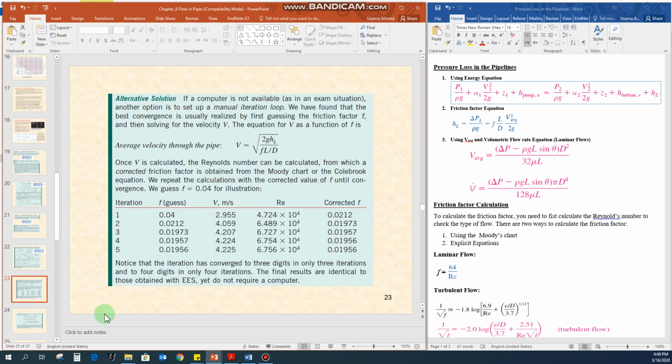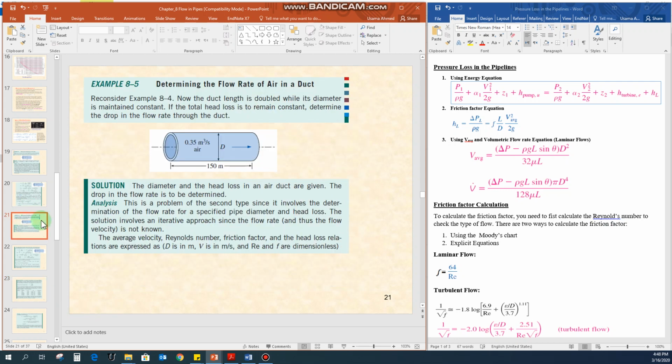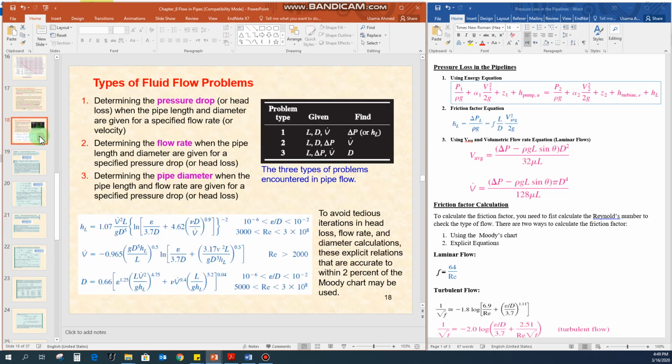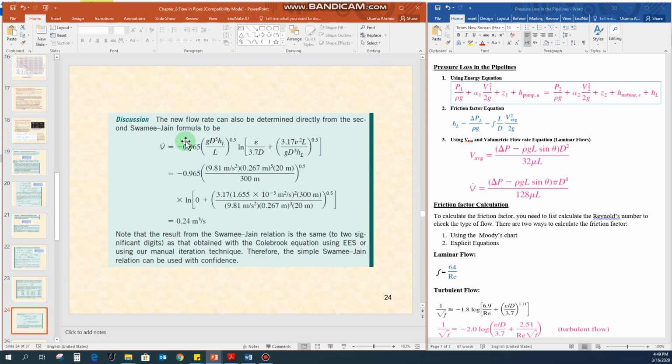Now for the same question, we are supposed to determine the drop in the flow rate, so we are supposed to calculate the volumetric flow rate. We can use this equation, which is an explicit equation, directly to get the volumetric flow rate. The diameter is given, the head loss is given, and epsilon depends on the material.